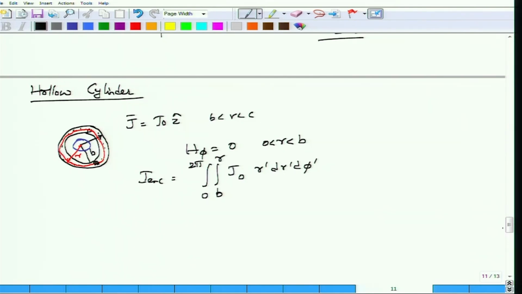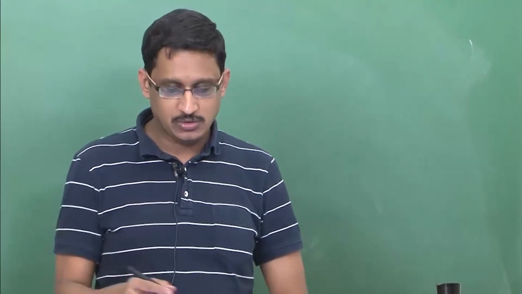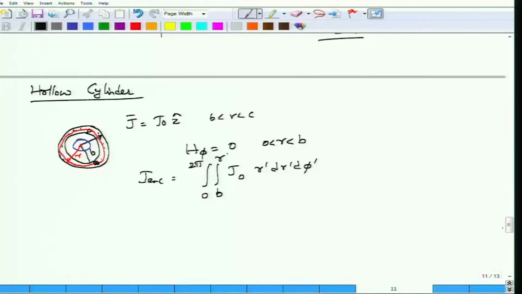Why b to r? Because 0 to b has no contribution. So you do this integration, and you get J0 into pi times r square minus b square. This is the current that you are going to get here.